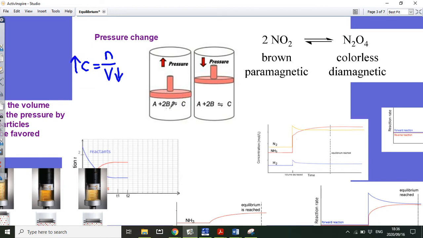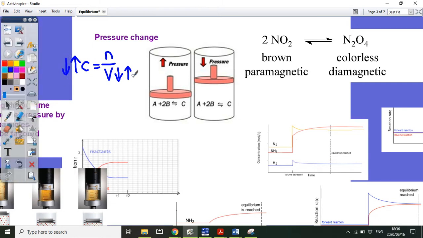So I've got a higher concentration now of everything because everything is in a smaller container. The opposite here: if the pressure goes down, I can only get that by pulling the plunger up, which means my volume is bigger now. If my volume is bigger, my concentration is going to be smaller.